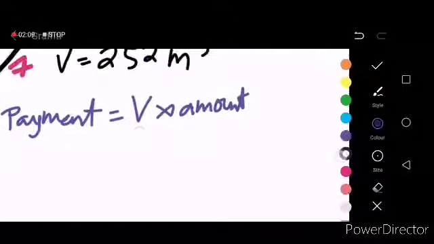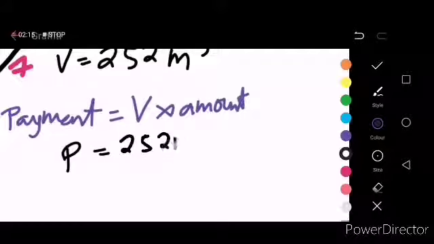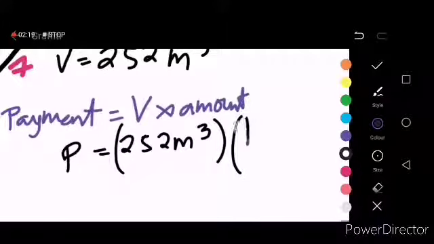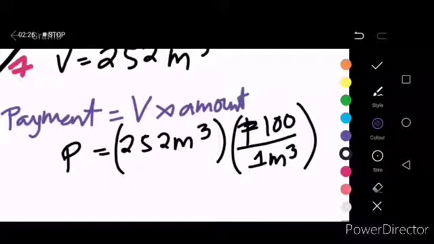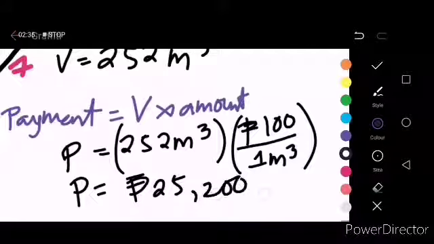So, using this formula, we'll have the payment P equal to the volume, which is 252 cubic meters, multiplied by the said amount, which is 100 pesos per 1 cubic meter. Tama? Multiplying 252 by 100, the payment now is 25,200 pesos.